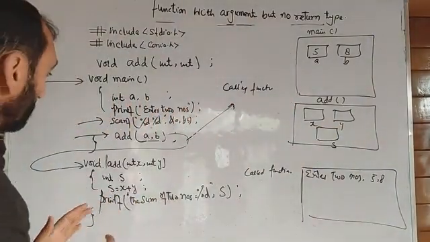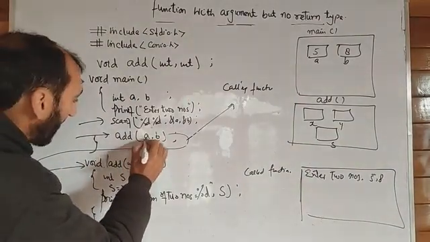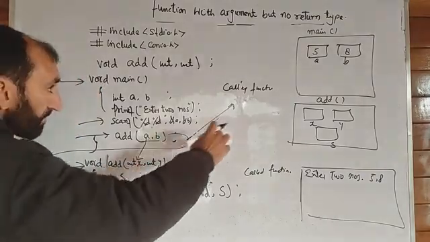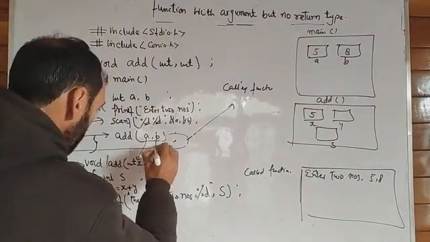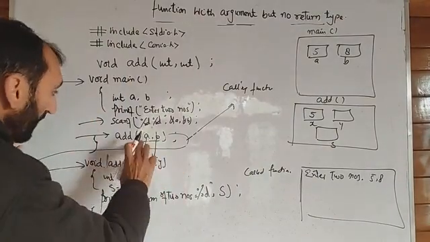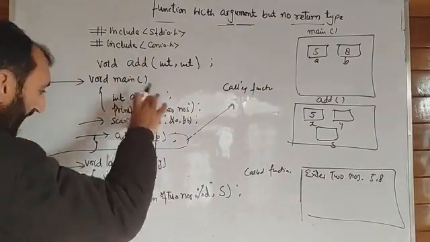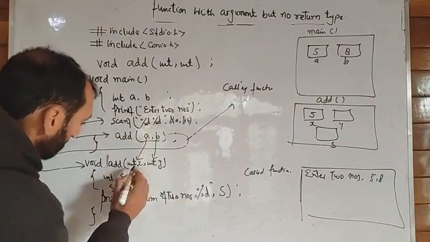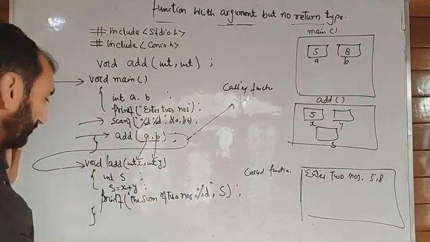So what will happen? When this is called, the value of a will be taken by x. The value of a is 5, so that goes to x, and the value of b goes to y. The value of a, which is passed by the calling main function, is stored in this x.